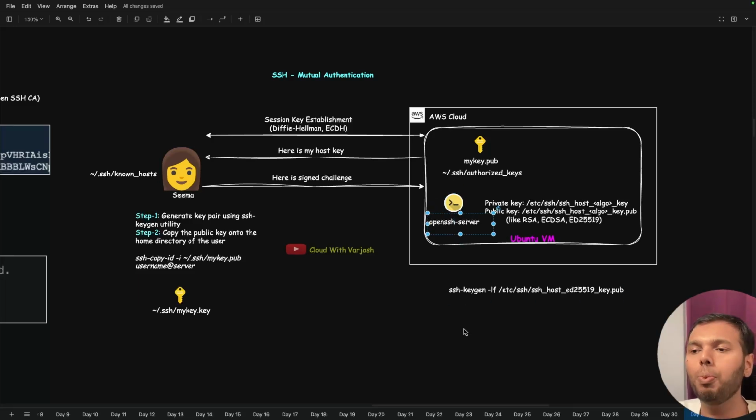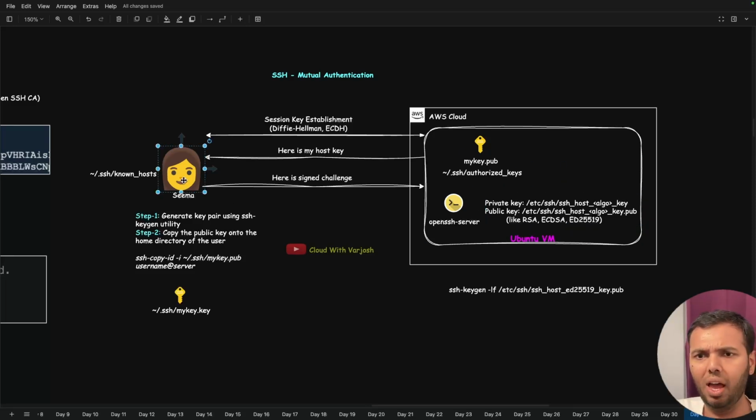And whenever OpenSSH server or any SSH server is installed, private and public keys are generated automatically for all the algorithms supported by that operating system. So for example, if Ubuntu supports RSA, ECDSA, and ED25519, then you would see key pairs generated for all these three algorithms. Why they are generated, we'll see in a little while.